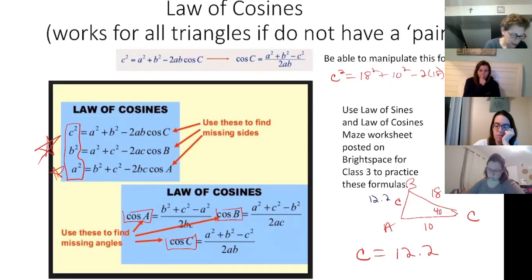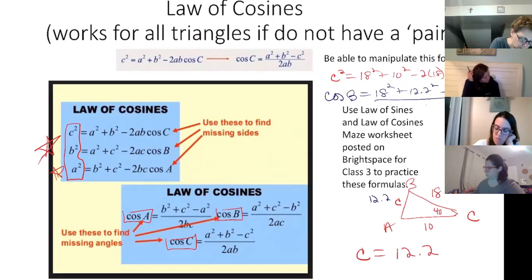So what I would do is set up the fact that cosine of B, so we'll do this in blue, cosine of B equals, so my A side is 18 squared plus my C side is what I just found, which is 12.2 squared, minus my B side, which is 10 squared, all over 2 times A, which is 18, times C, which is 12.2.